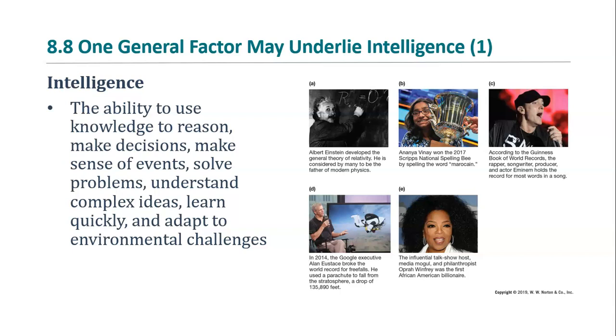So, a rough definition of intelligence is this ability we have to reason and solve problems and make sense of things, to understand complexity, and to adapt in light of the changes in the environment. And all of the people pictured here have some abilities that we might associate with the idea of intelligence.